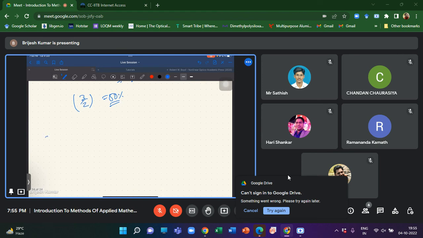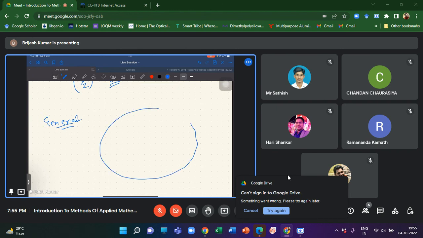So the general frame, this is the last section. In the general frame, if we see one figure, this is all frames.